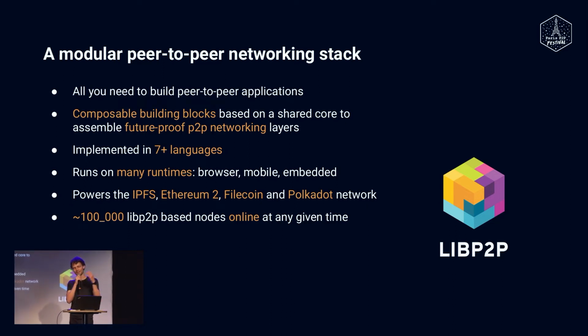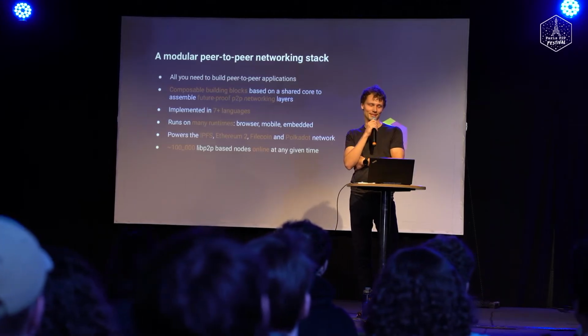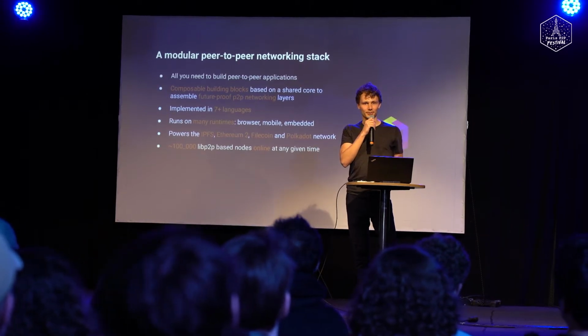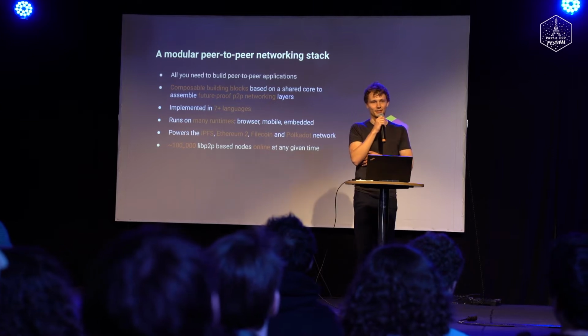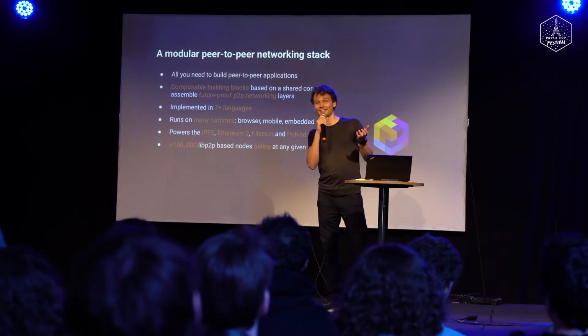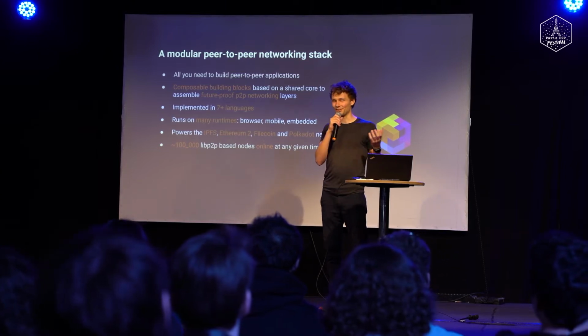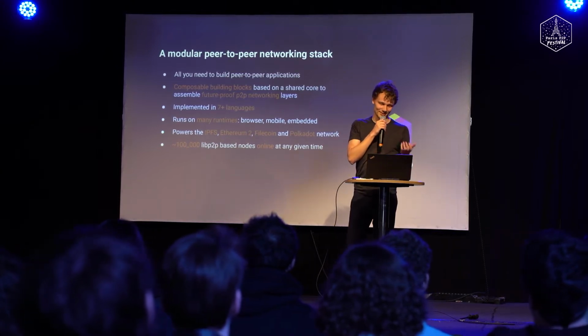Big users: I have a separate part for the users as well, but number one, IPFS. libp2p was born out of IPFS, so it's quite obvious that IPFS is using libp2p. Then we have Ethereum 2, Filecoin, and Polkadot building on libp2p, we have Bertie here building on libp2p, and many, many more. So quite a lot of online nodes at any given point in time.